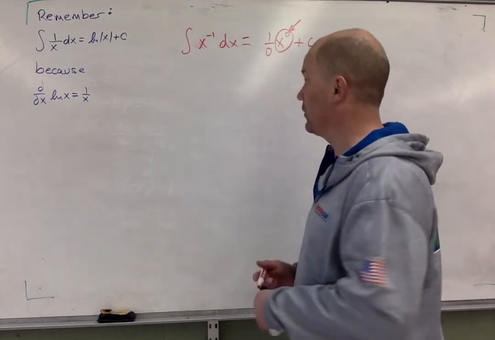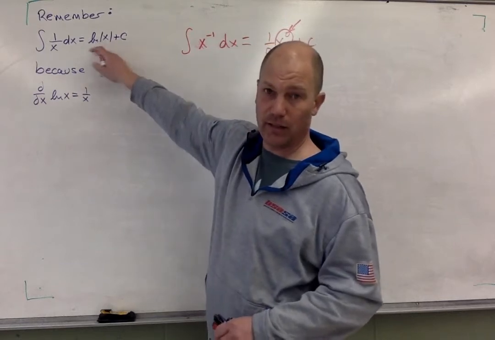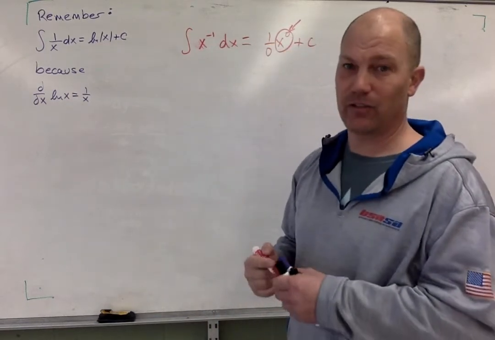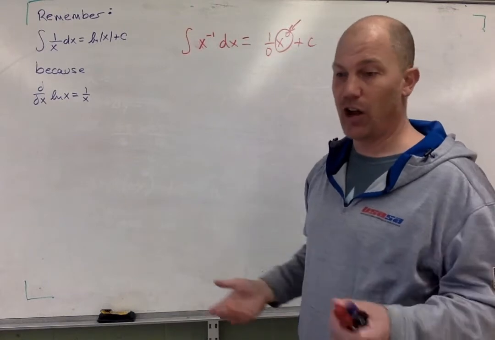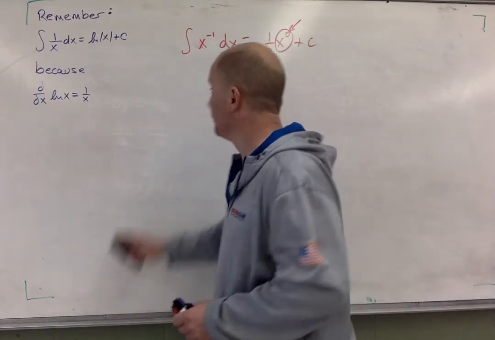Like, you can't do it this way. And that's why this integral is, or not why that integral is ln of x, but why it's not as straightforward as all of our multiplication rules.